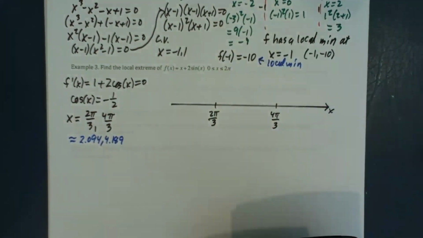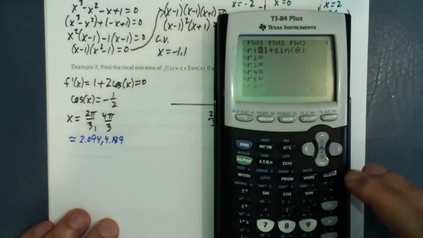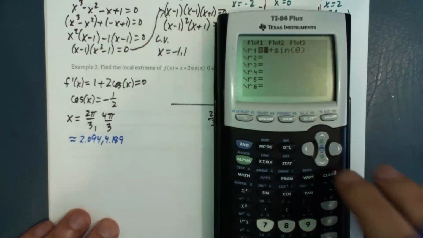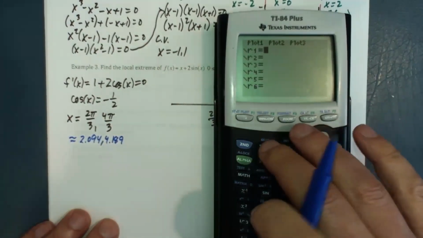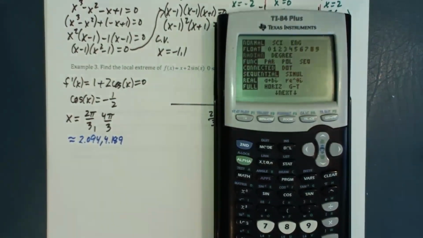All right, I'm going to do a little trick again. And I'm in the wrong mode. Needs to be function, and we need to be in radians. You need to check that every single time.